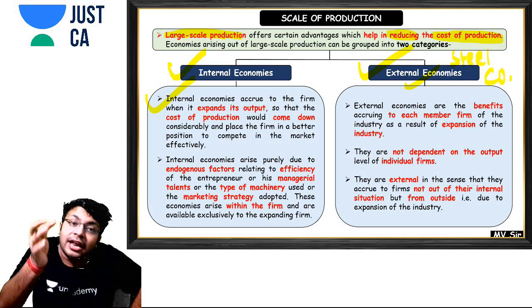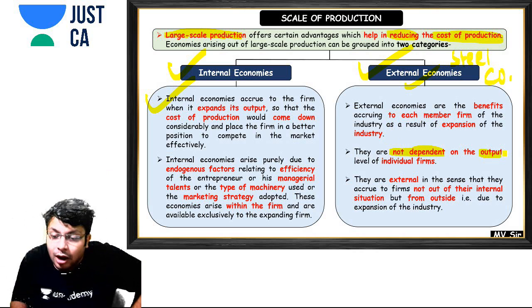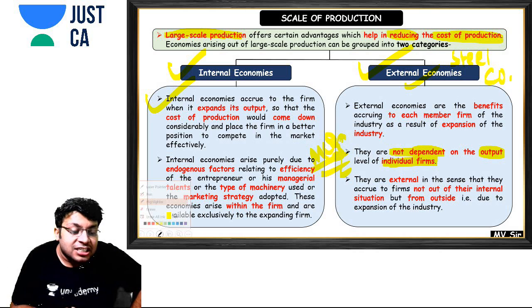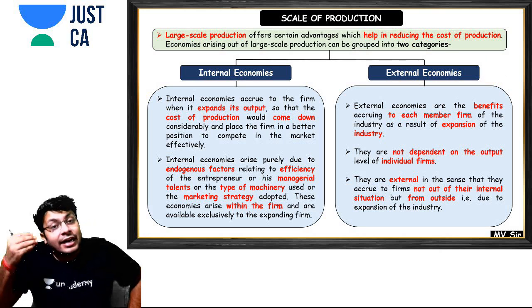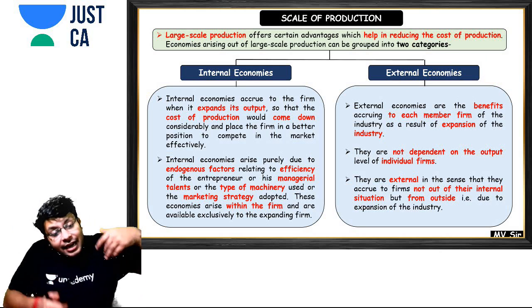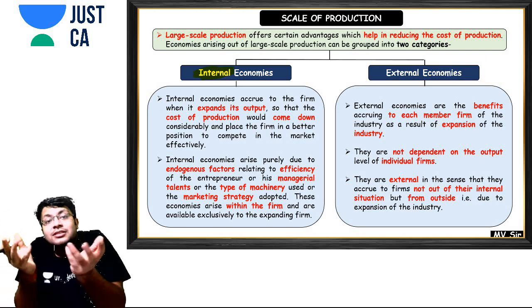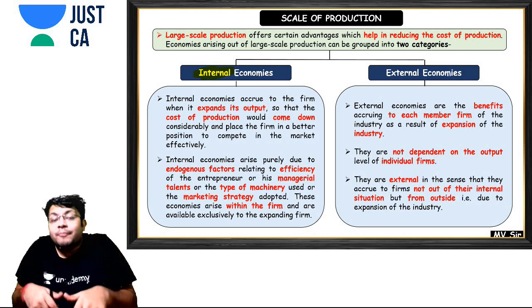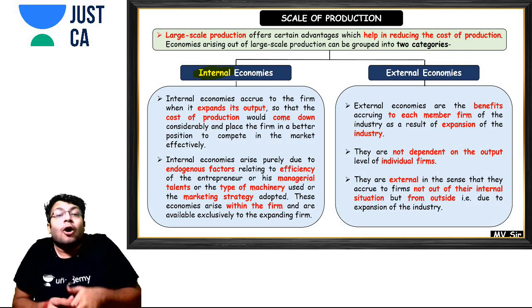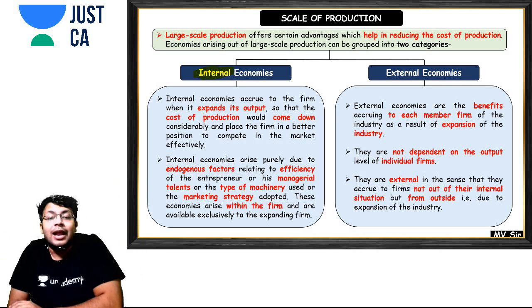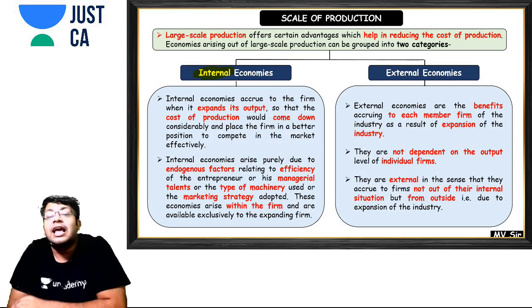So external economies are not dependent on output of individual firms. This can come as an MCQ, a very conceptual point, that my external economies are not dependent on individual output, but my internal economies are dependent on my individual output. And if I increase my output, then I may get internal economies. Or if the whole industry expands, what will happen? I will get external economies.